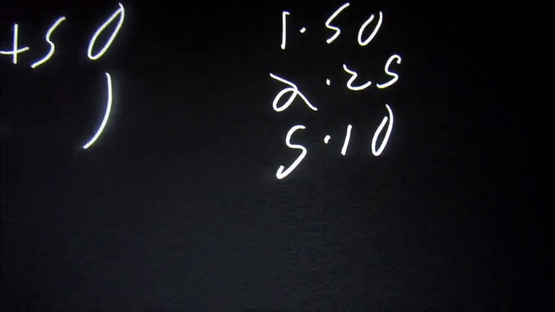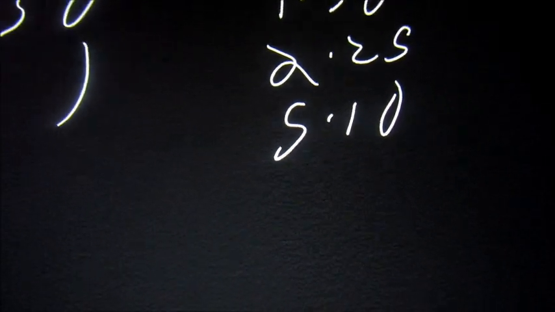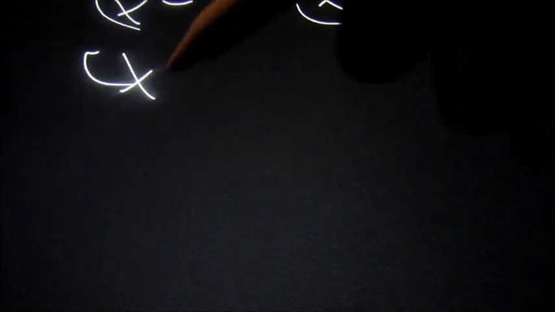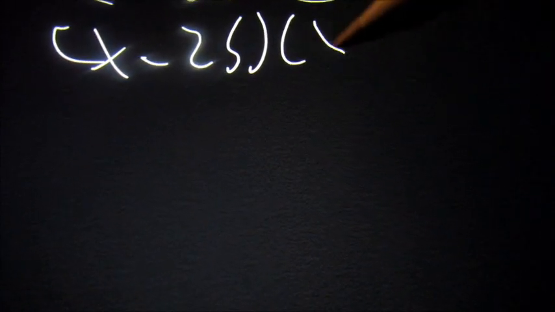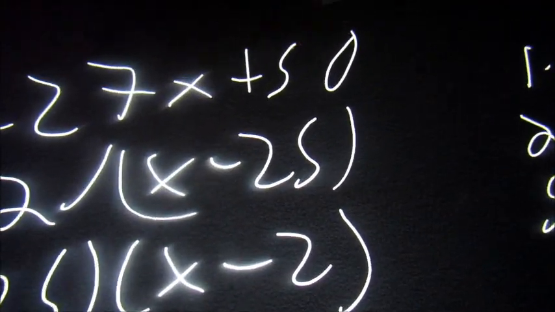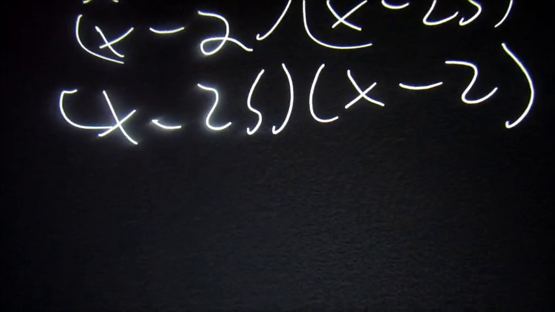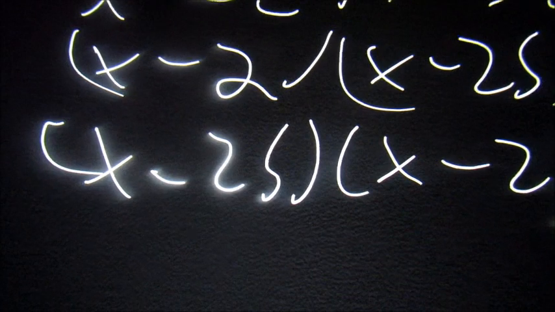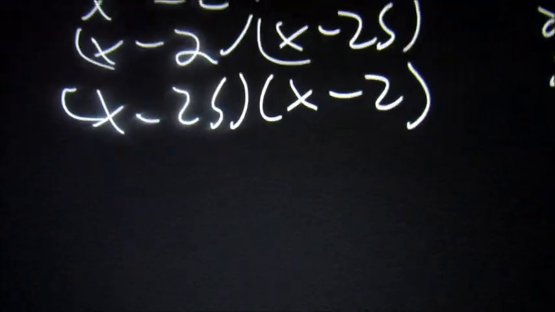So these are our three choices, and the ones that will add up to 27 are 2 and 25. So our answer is either going to be x minus 2 times x minus 25, or x minus 25 times x minus 2. On all of these where the c is a plus, both signs are going to be the same as each other, and they're going to be whatever b is, and it doesn't matter what order you put these in.